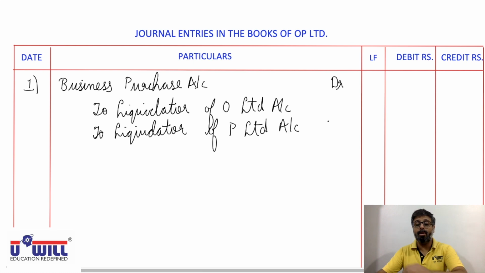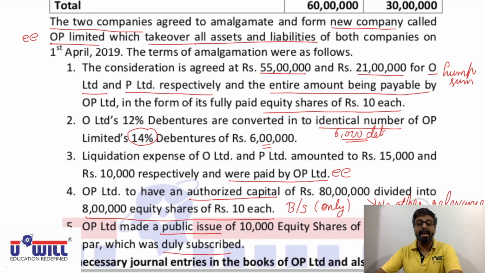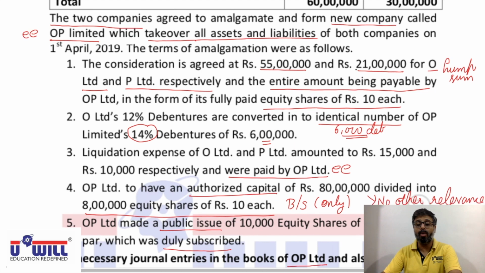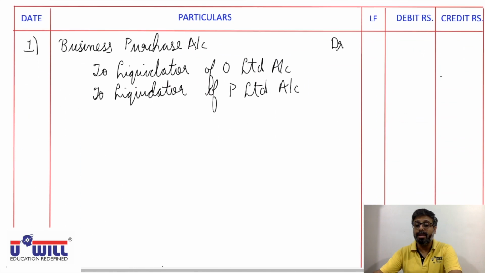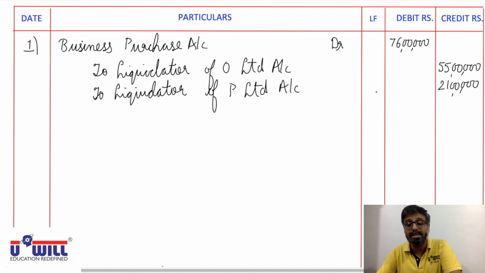Now, with the amount of purchase consideration which is directly given in adjustment 1: 55 lakhs for O Limited, 21 lakhs for P Limited. So 76 lakhs total purchase consideration. Okay, business purchase account debit with 76 lakhs.